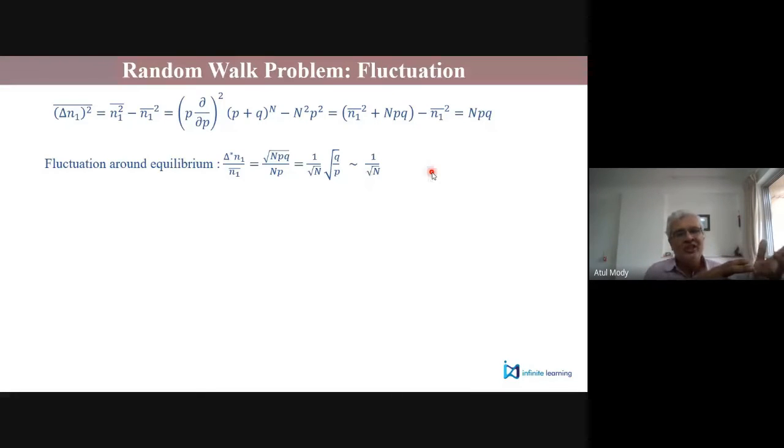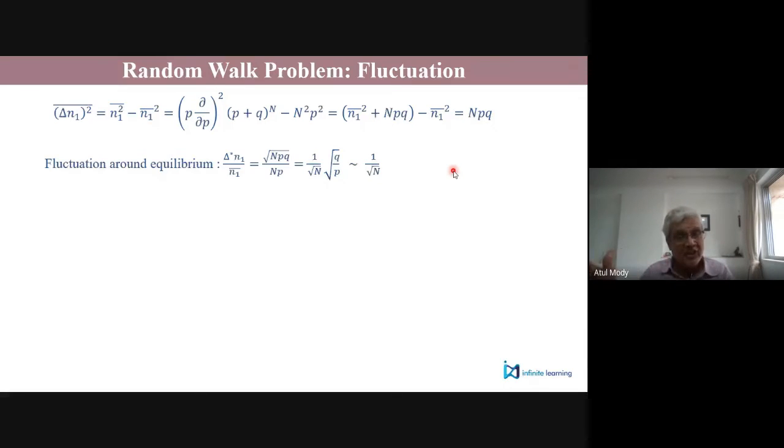If you have seen fluctuation earlier in case of n equal to 4 and n equal to 40, you can see if I take n equal to 4, this number will be half. But if I take n equal to 40, this number will be 1 by root 40, roughly. And if I take n equal to 400, this number will be 1 by 20. All right.